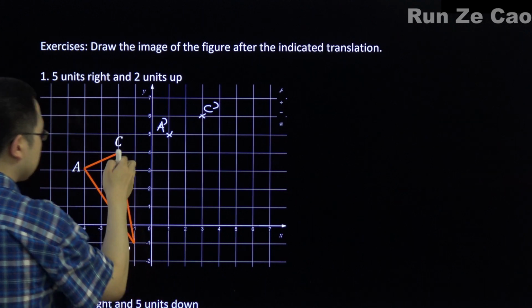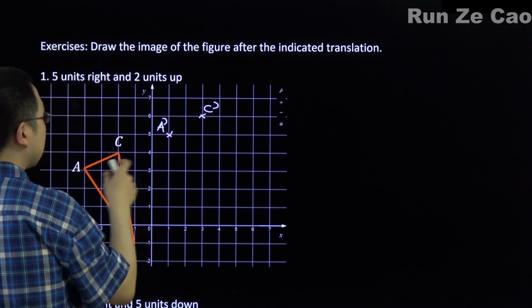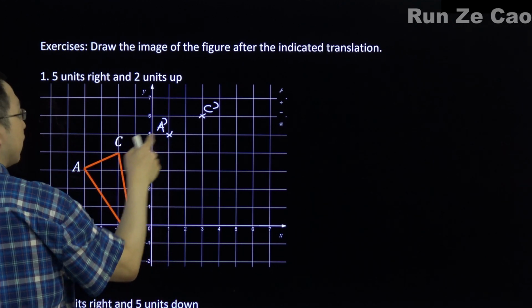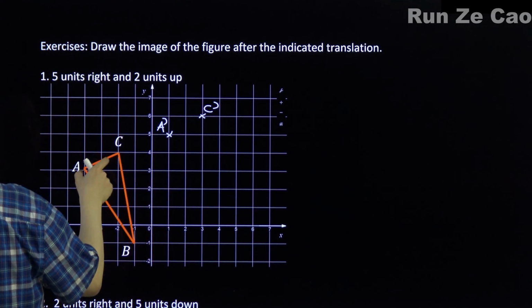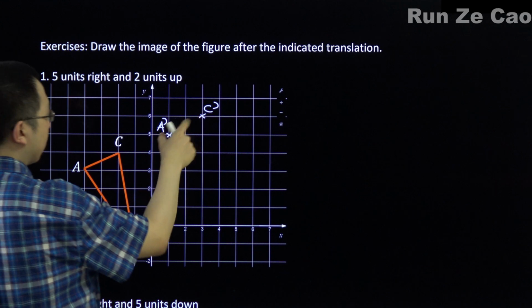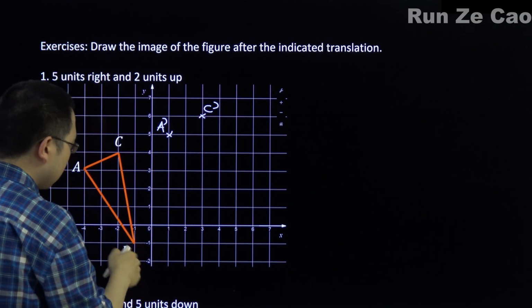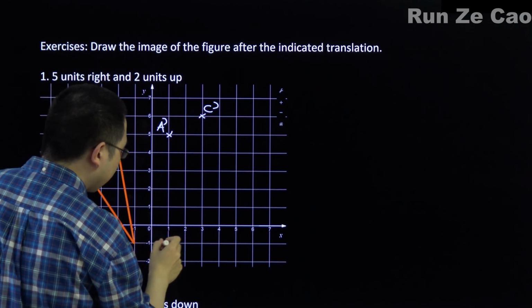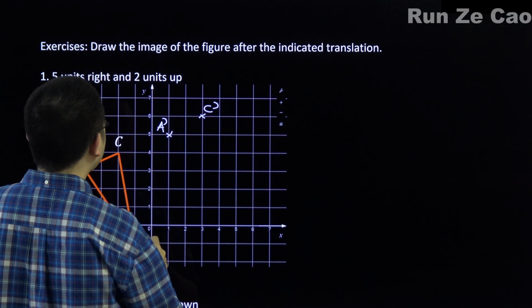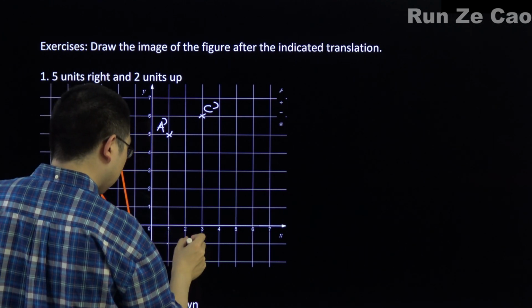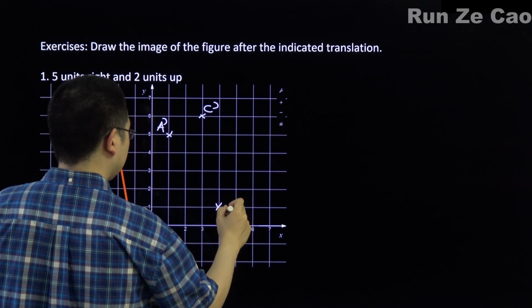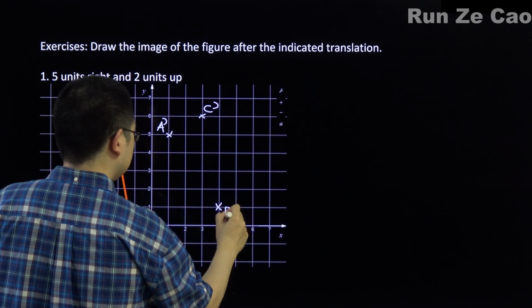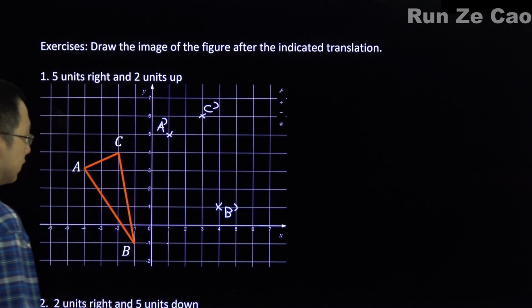B, because it's not really close to the others, it's not a good idea to reference off the transformation we already made and the relative locations of the points to plot the other point. B, we have to translate separately. 5 units right, 1, 2, 3, 4, 5, and 2 up, we'll leave B being over here as B prime.